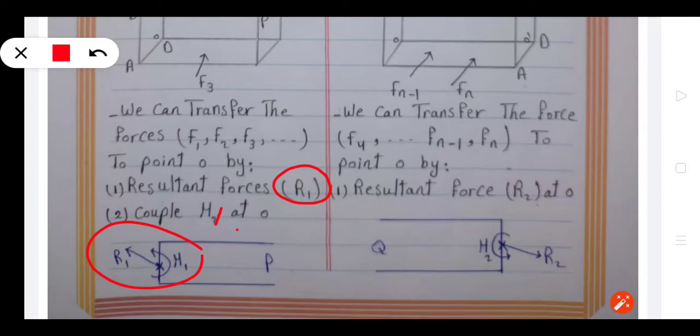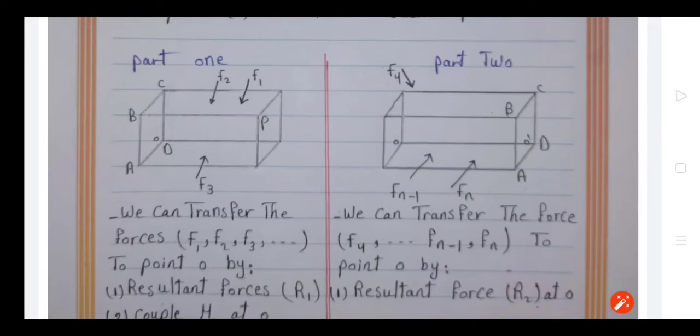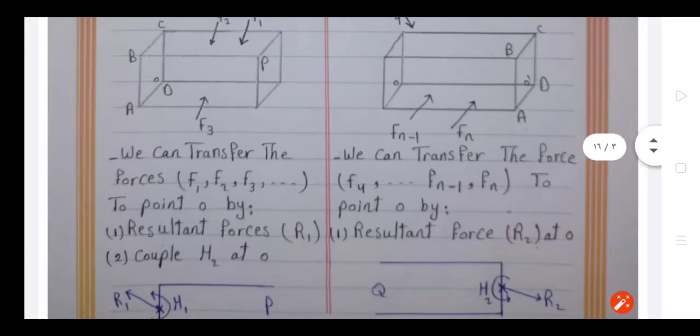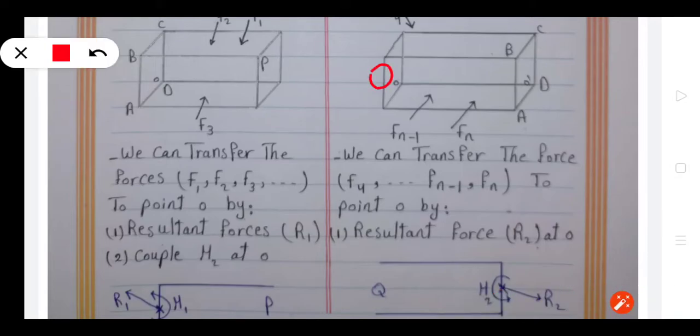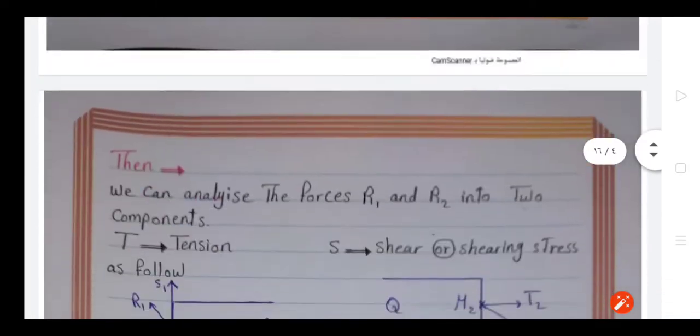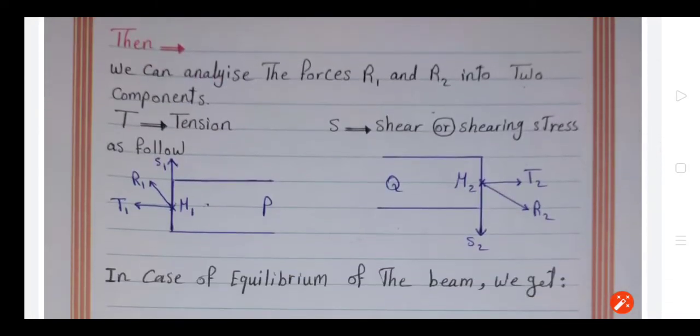And the other part, part 2, which is given by Q, has forces F4 to Fn. We have resultant force R2 and couple M2. Let's analyze the forces R1 and R2 into two components, T, which represents tension, and S, which represents bending or shearing stress.